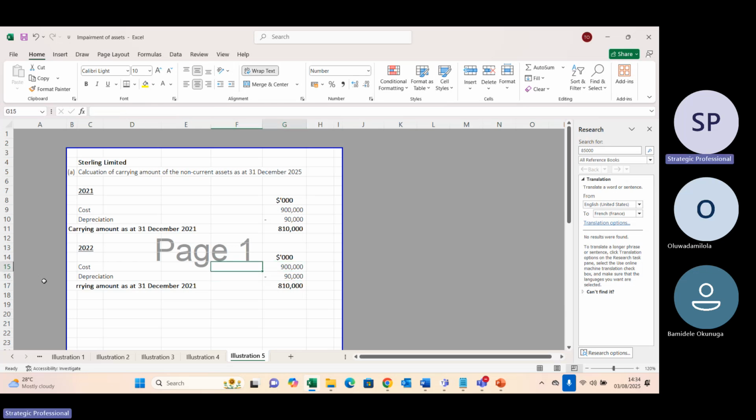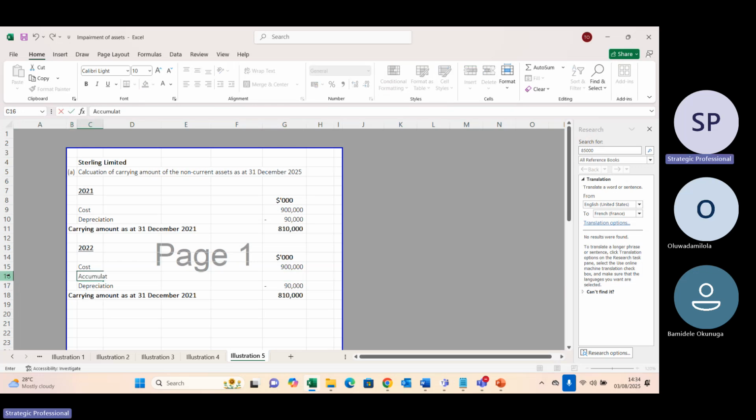So if the cost is 900,000, the accumulated depreciation, that is what is coming from the previous year, 2021, is 90. Then depreciation for the year is also 90. Do you agree?